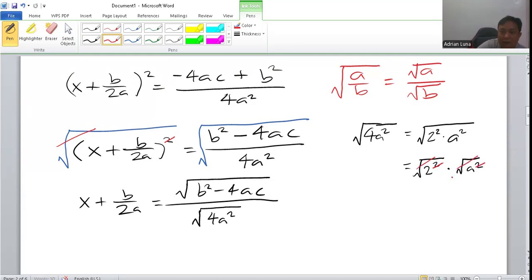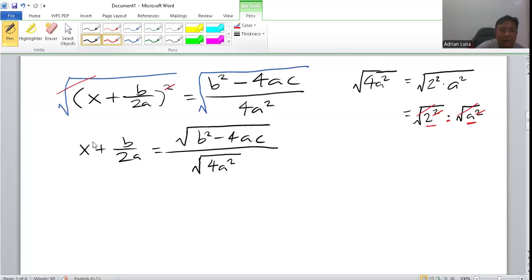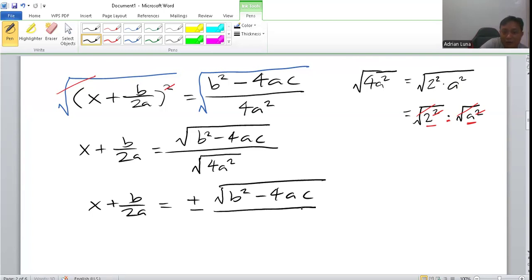So matitira 2 times a, 2 times a is equals to 2a. So rewrite natin ulit. That would be x plus b over 2a is equals to, since in-extract na natin tong denominator, magkakaroon na siya ng plus or minus square root of b squared minus 4ac all over 2a.